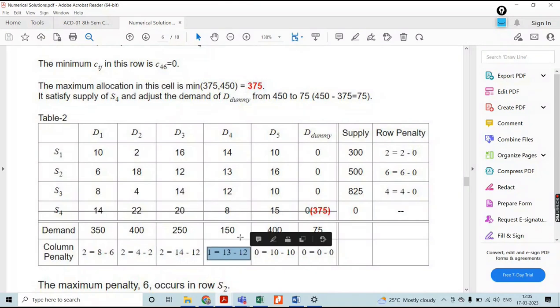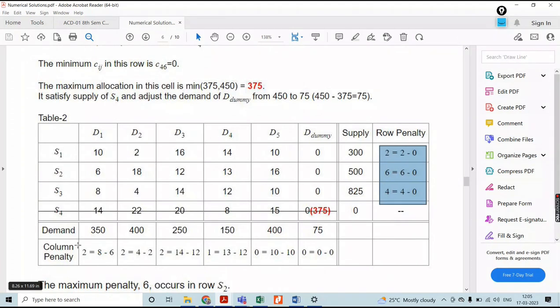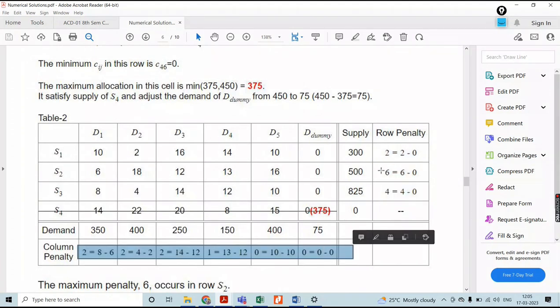Then 13 minus 12 is 1. Then 10 minus 10 is 0. 0 minus 0 is 0. Which is the highest penalty here? Now in this row penalty, the highest is 6.